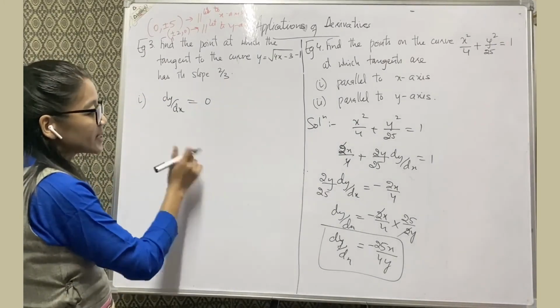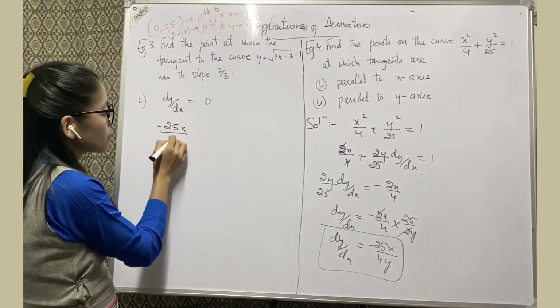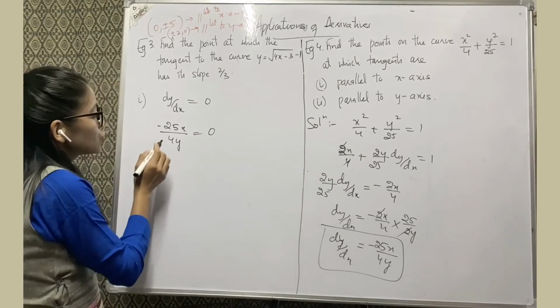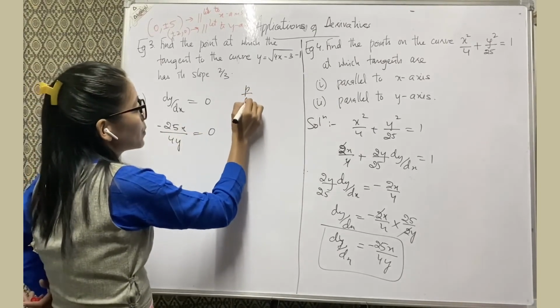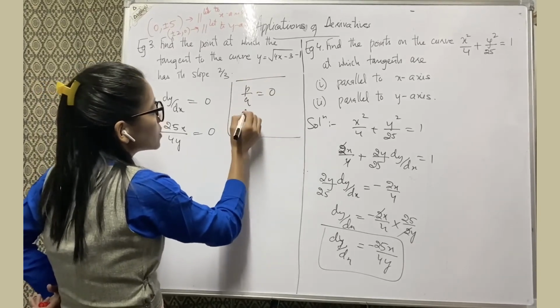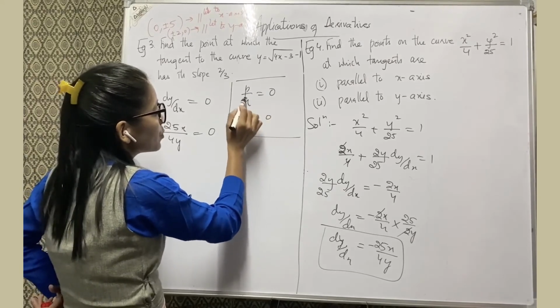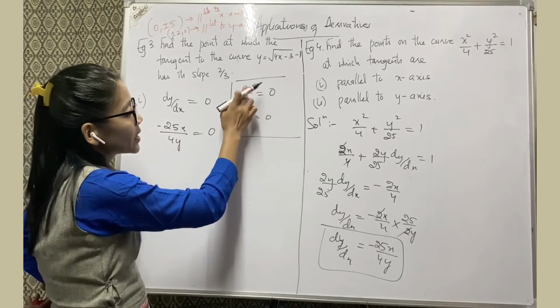Now what is dy/dx? We have -25x/4y = 0. So now whenever we are equating P/Q = 0, you have to remember this, right? This implies P = 0. Denominator cannot be 0, right? If denominator is equal to 0, then this is not defined.